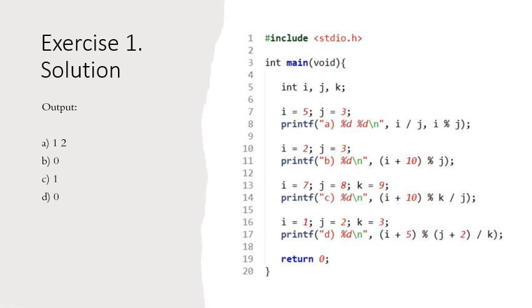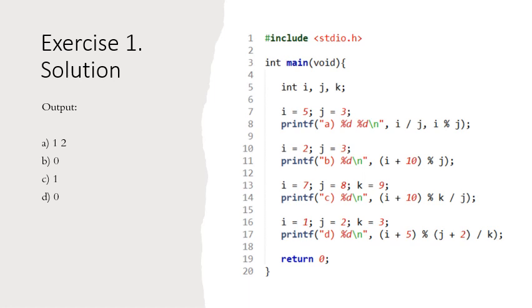So we add I plus 10, that's 2 plus 10, which is equal to 12. And then 12 divided by your j, which is equal to 3, is equal to 4. Since we are computing for the remainder, 12 divided by 3 results in 4, and the remainder is 0. That's why we have the 0 here.